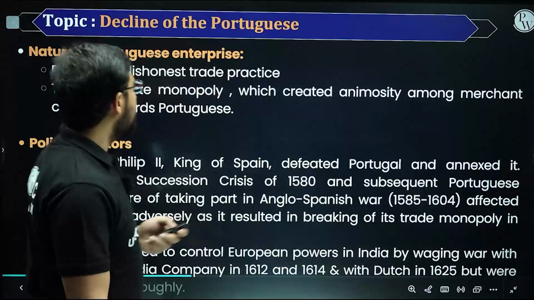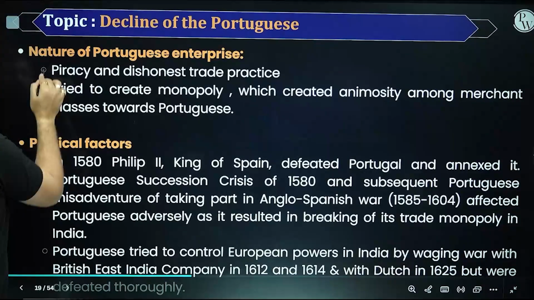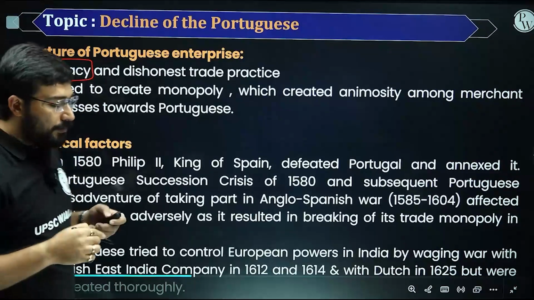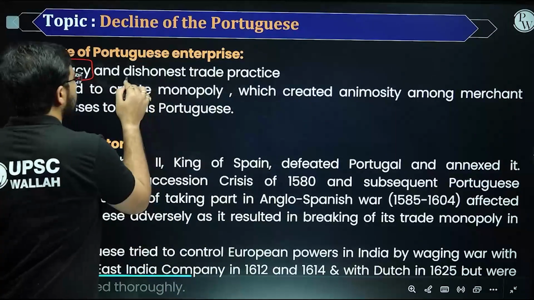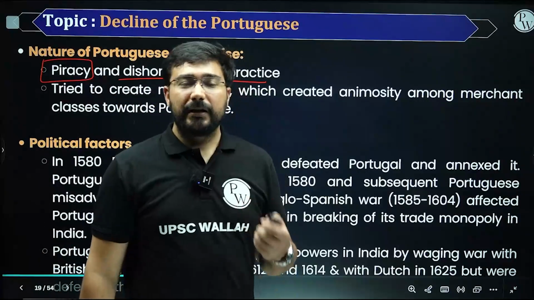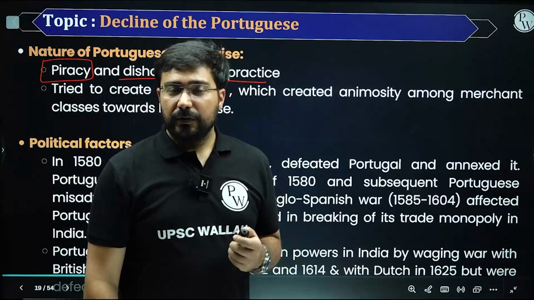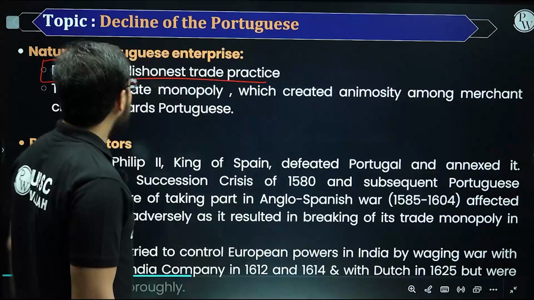So the first major factor which was responsible is that the Portuguese, since they were trying to capture maximum trade and commerce in this region, had enemies: those who were pirates etc. were against them, right? Many of the pirates kept attacking the ships of the Portuguese. So they were always afraid because of this. They could not keep control over that.